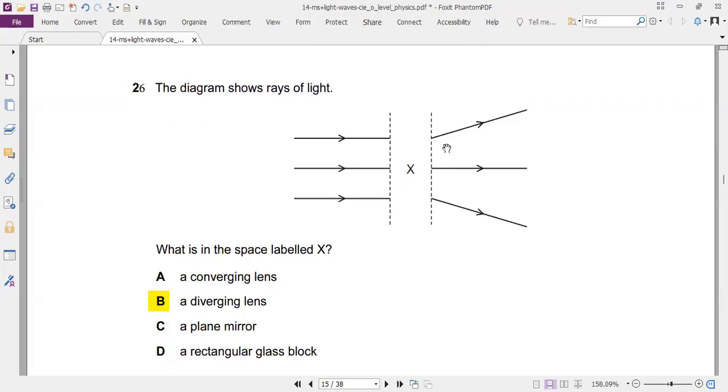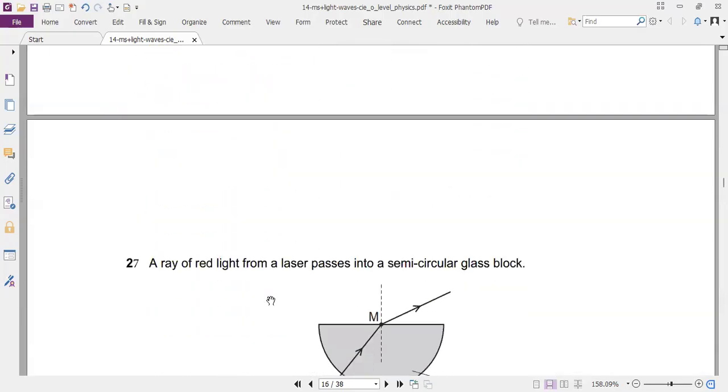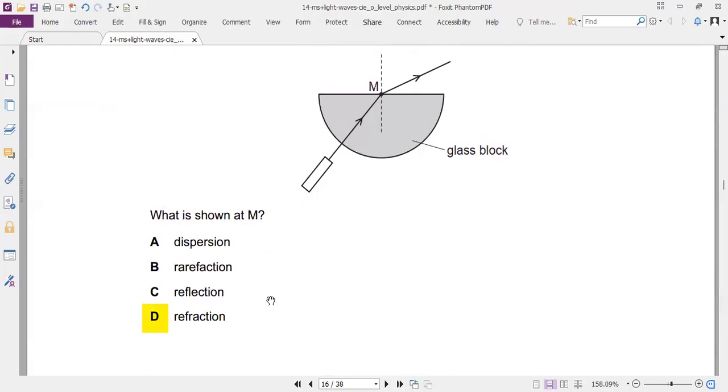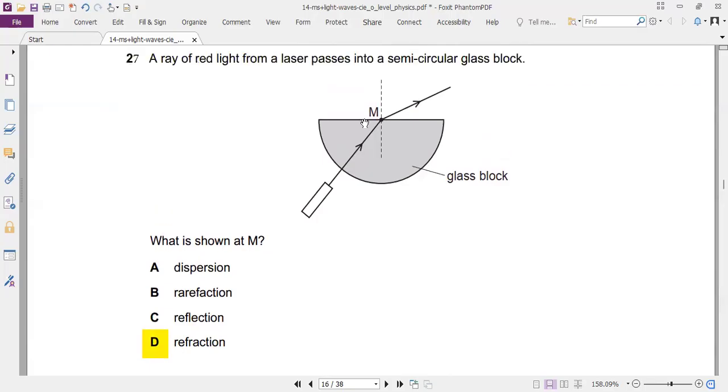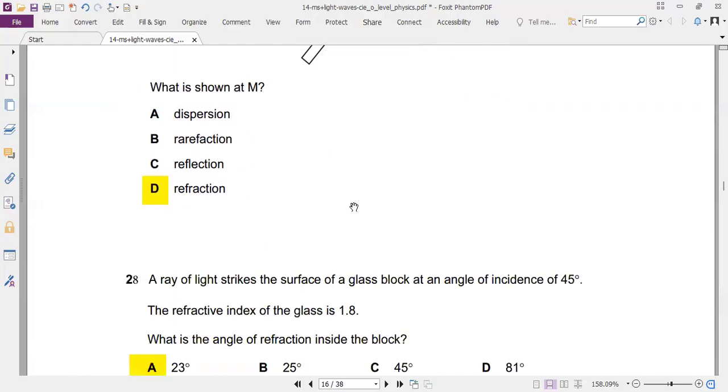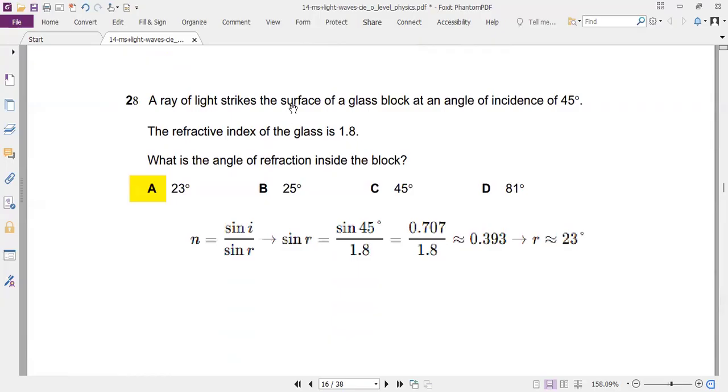So the lens that is making the rays go away from each other is a diverging lens. So what is happening here? A refraction going away. Angle of refraction, let's see.